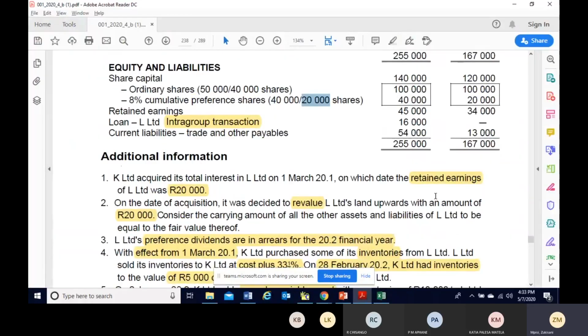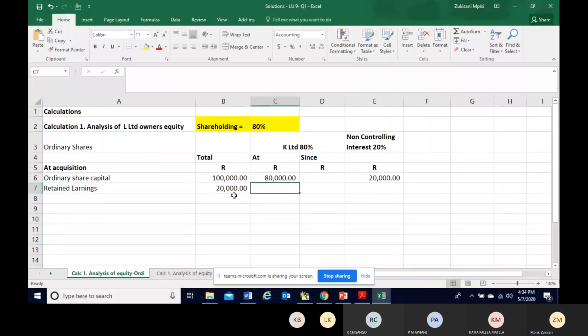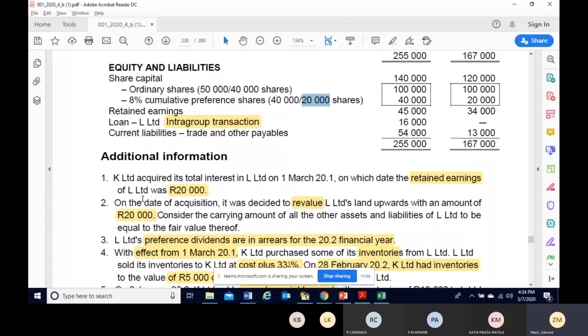Then we are told, on the acquisition date, which is additional information number 1, that the retained earnings were 20,000. So the interest changes to be 16,000 and the other one is 4,000. Number 2 says that on the date of acquisition, it was decided to revalue land upwards by an amount of 20,000.